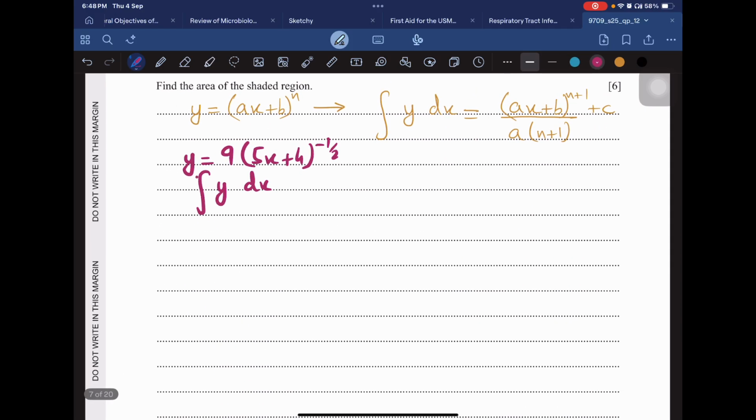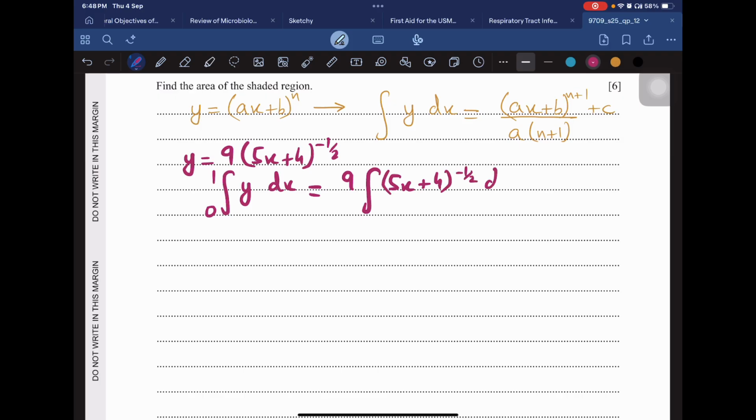So we won't have the constant, we'll have our limits. So I'll move this a bit more forward, 1 and 0. So this will become the integral of 9, I can write 9 before the integral because it's a constant, 5x plus 4 power negative half dx.